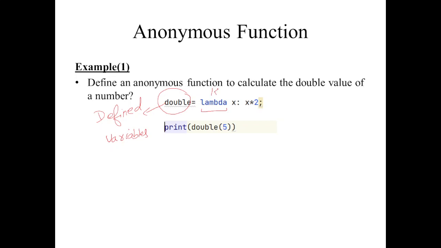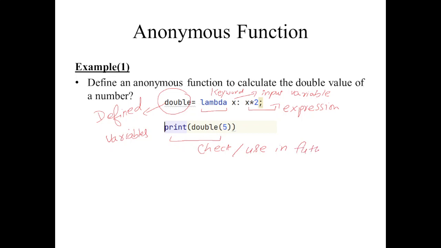This is the keyword to declare the anonymous function. Next, this is the variable which shows how many input variables are used, and next we can see x multiplied by 2, which is the expression. So this is how this function works, and this is the way to use or check this function in future.